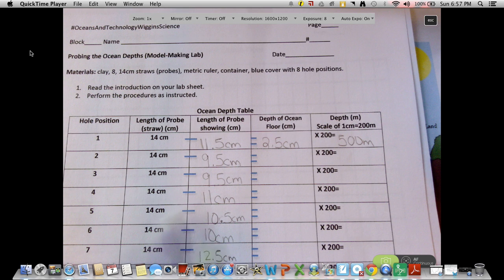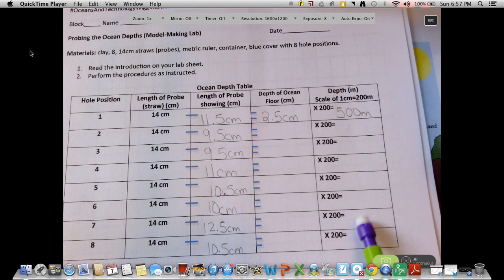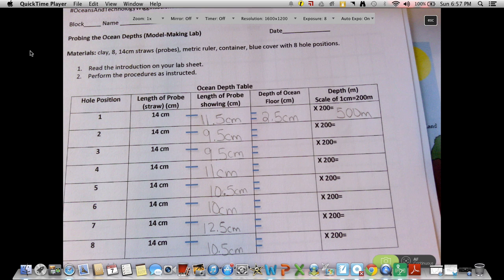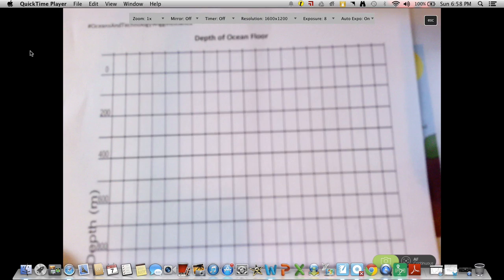Now you are going to do the same for position 2 through 8. Once you've done that, you are going to graph your data. You have a sheet that looks like this. In graphing your data, pay attention to the axes.